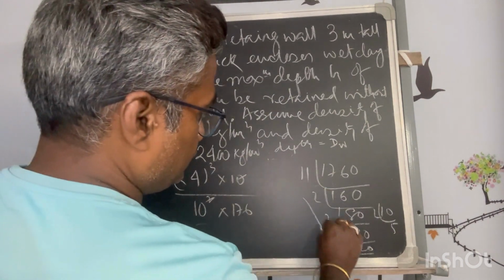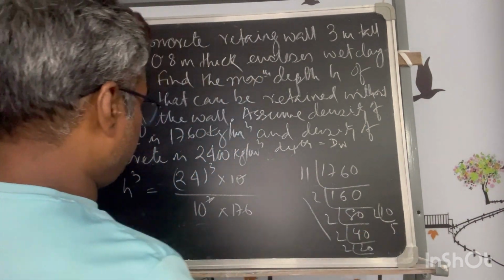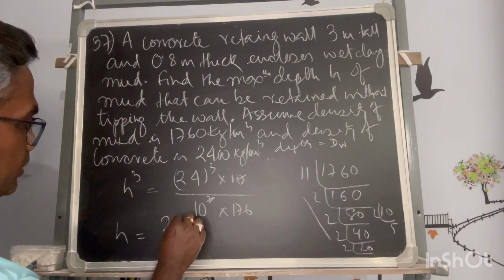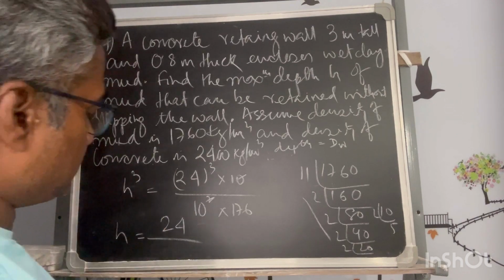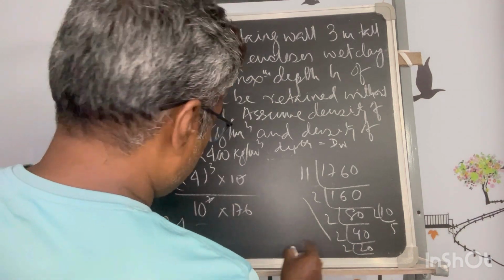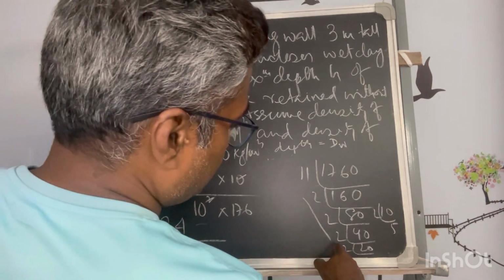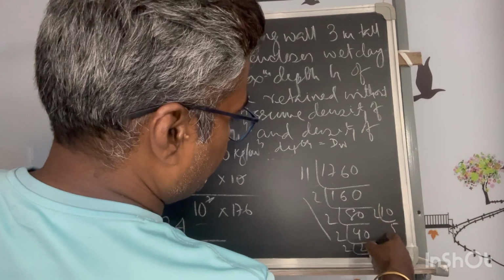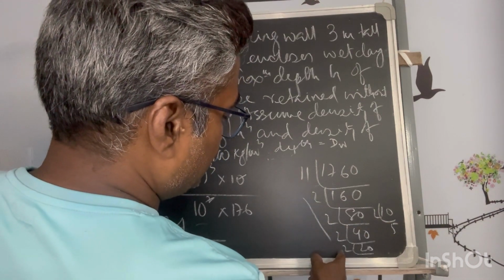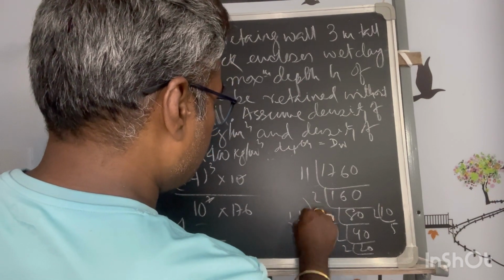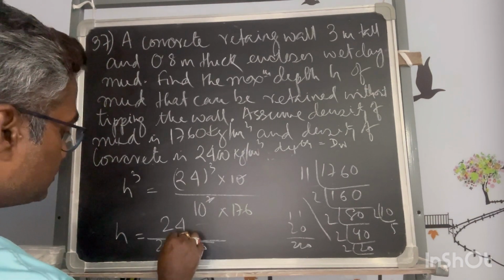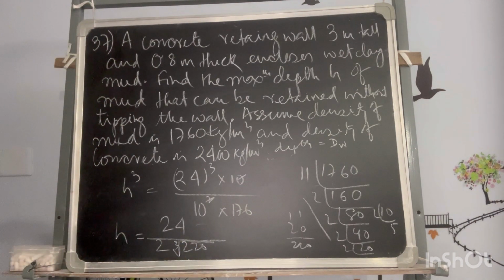So H will be something cube root, that means 24 will be there, and below this 176. So 3, that means 2 will come there. So that means 10 into 2, 20, 20 into 11, 220, 220 cube root. So this is something, this will come.